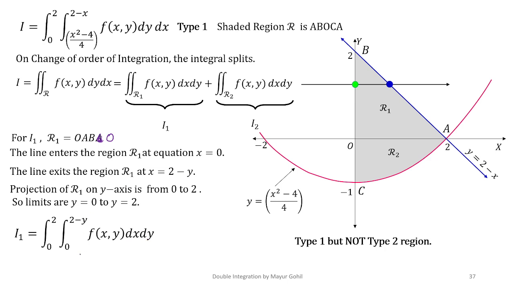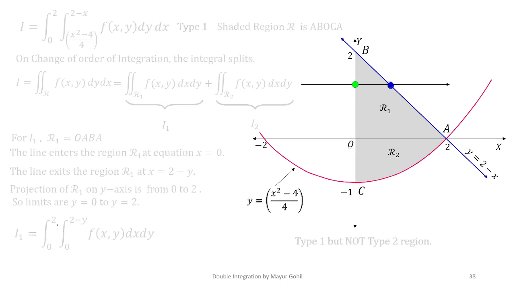The lower limit is x equals 0, and the upper limit is x equals 2 minus y. And the projection is from 0 to 2, as you can see over here. Okay, now let us go further.